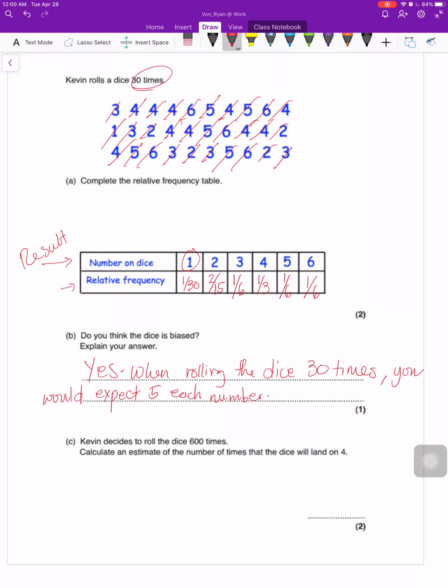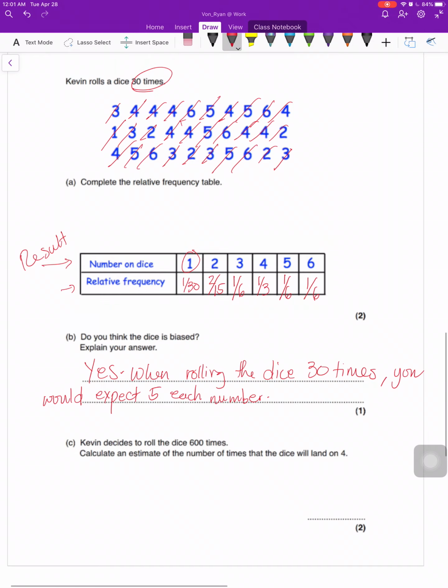You can see there, the number 1 appeared once out of 30 times. So you got 1 once, but you got 4 10 times.